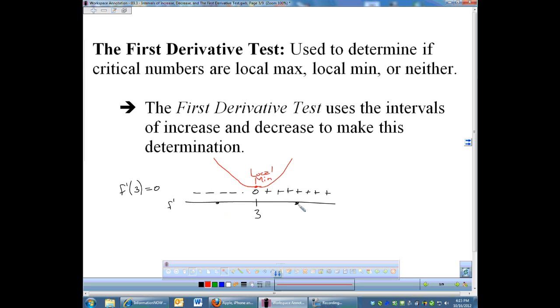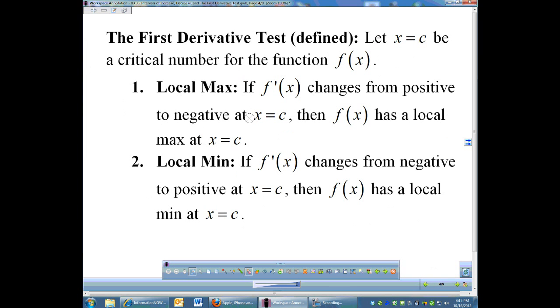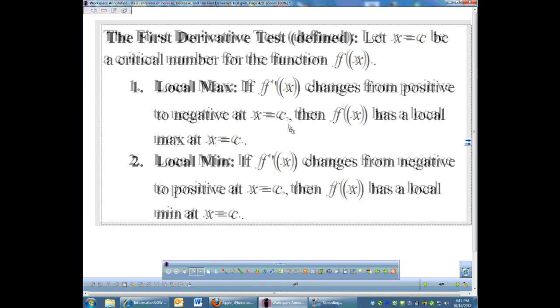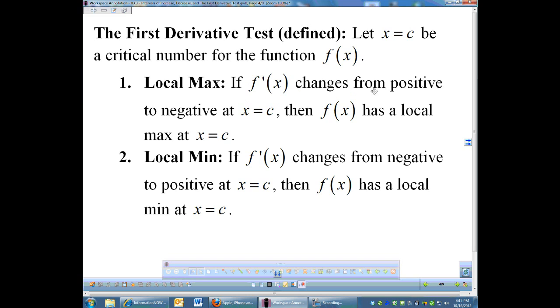We looked at the signs of the first derivative to conclude that that would be a local minimum. The first derivative test, defined in writing: if you have a critical number at c, and your derivative changes from positive to negative, that means slopes change from positive to negative, and then you have a local max.